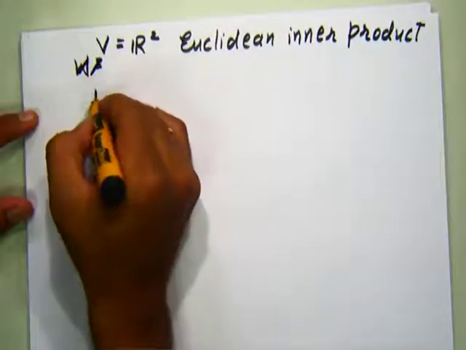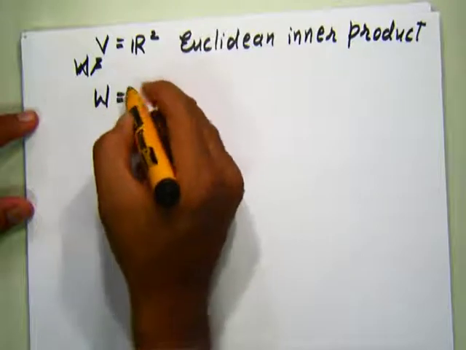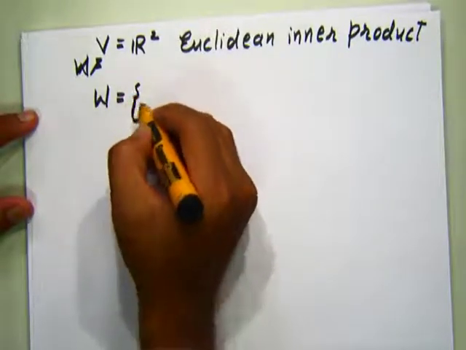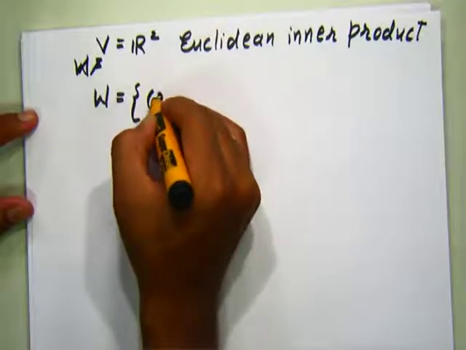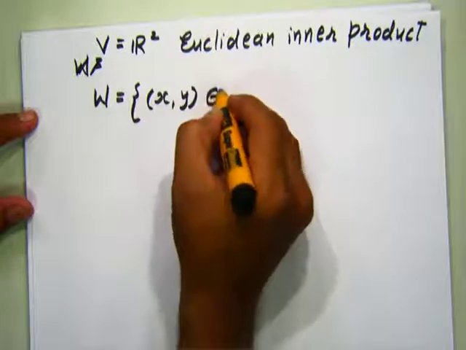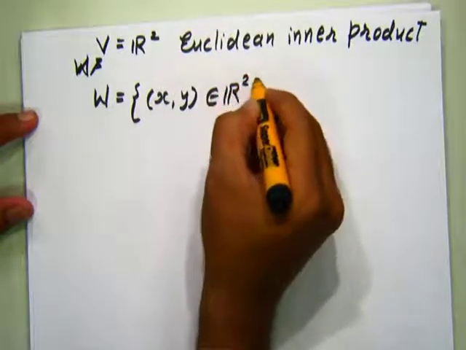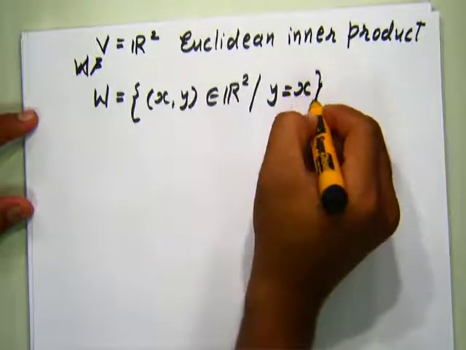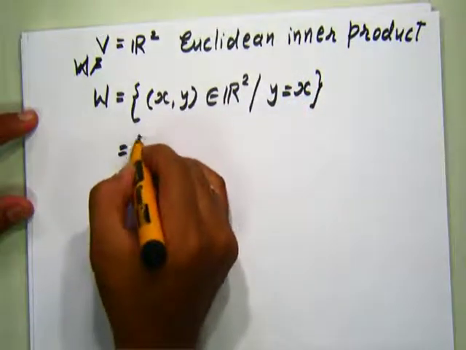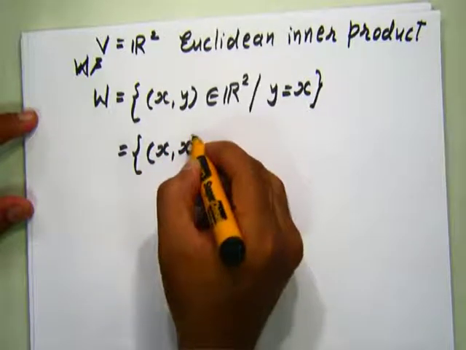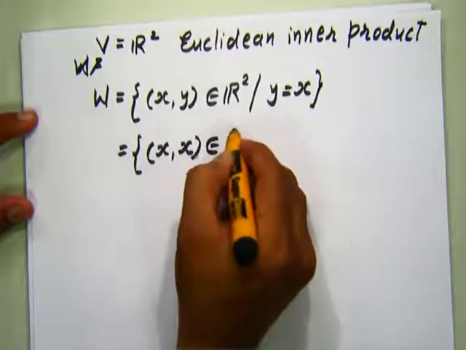And W is given in this way. It is the line x equal to y. In set form we can write: (x, y) belongs to R2 where y equal to x, and this can be further written as (x, x) belongs to R2.